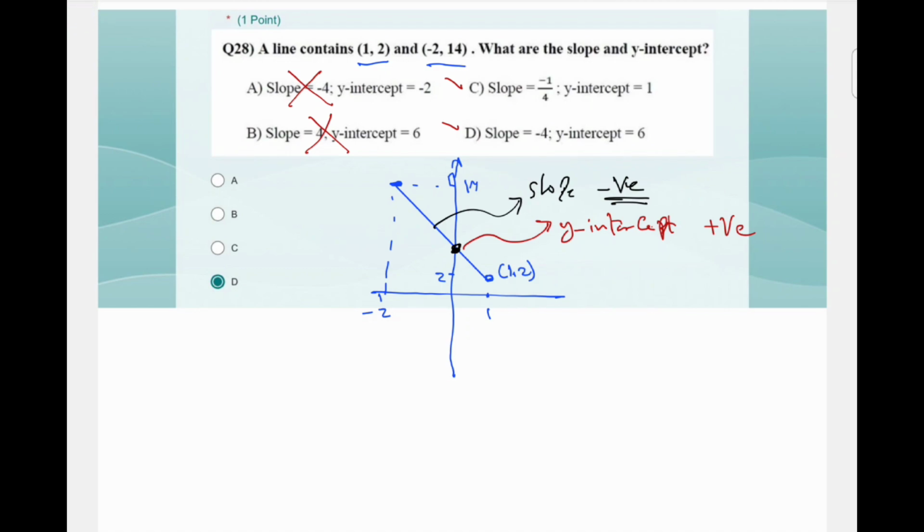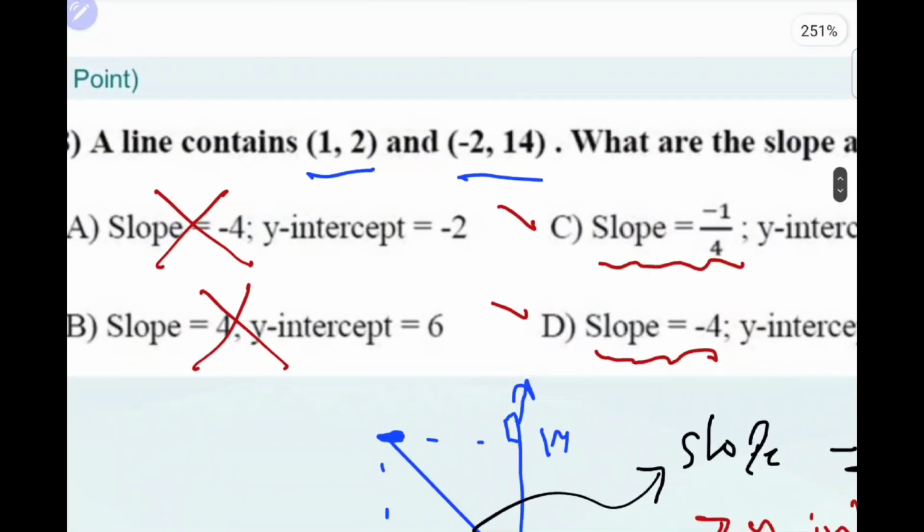Now, which one is C or D? There's no need to actually waste your time to find the y-intercept. All you need to do is find the slope, and you're done, because these two slopes are different. This is one of the tricks for saving some time. So the slope is equal to y2 minus y1 over x2 minus x1. So you can say that this is x1 and y1 and that's x2 and y2.